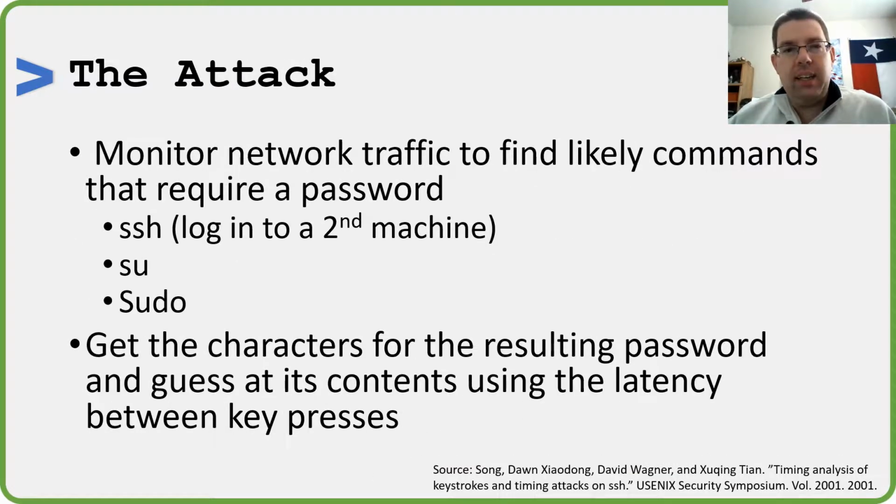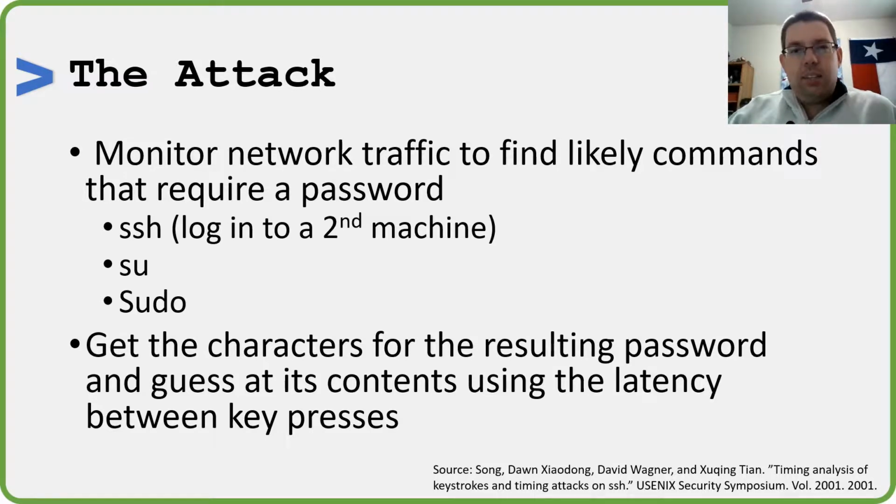As I said in the last slide, the key to this attack is the timing that you can get of the individual keystrokes, because they're sent as soon as possible. So you can tell how long it takes between one character and the next. In fact, the paper made sure that the typical network latency is quite a bit less than the standard deviation of these between-character latencies.